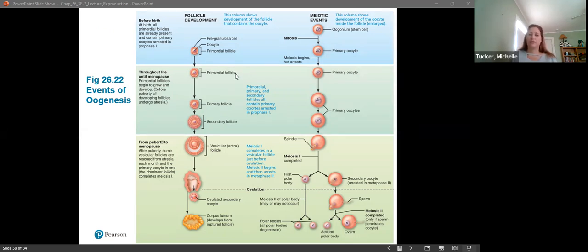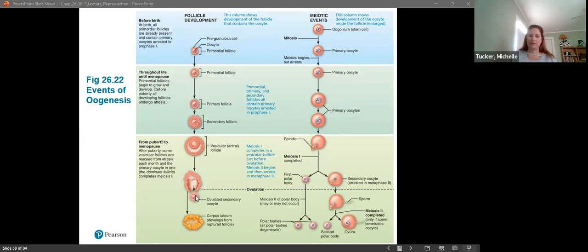Then these, with hormonal stimulation, mature into a primary follicle with one layer of pregranulosa cells. That becomes a secondary follicle with multiple layers of granulosa cells, which becomes a mature antral follicle, which becomes fluid-filled and is the follicle type that ruptures during ovulation.